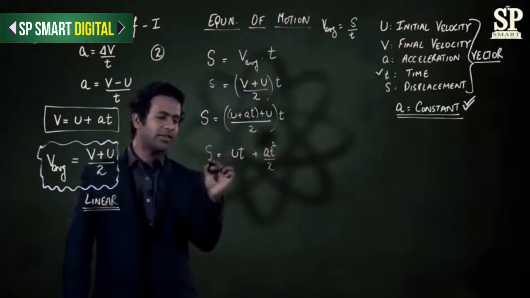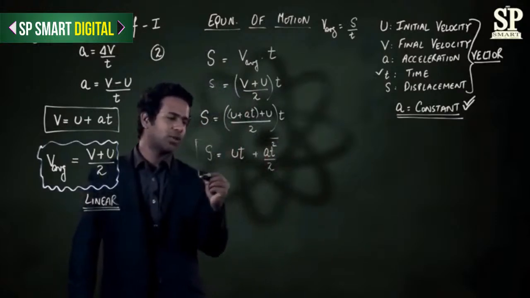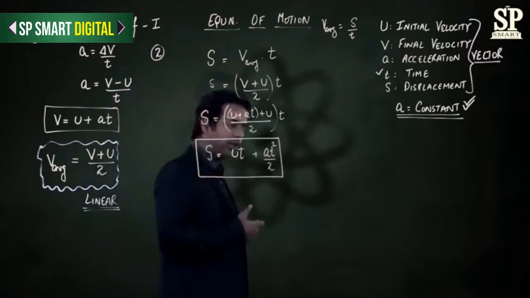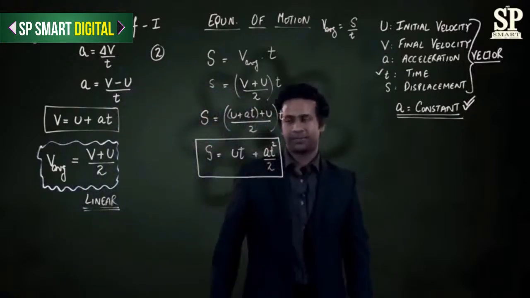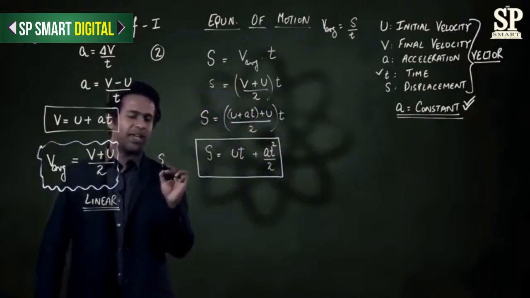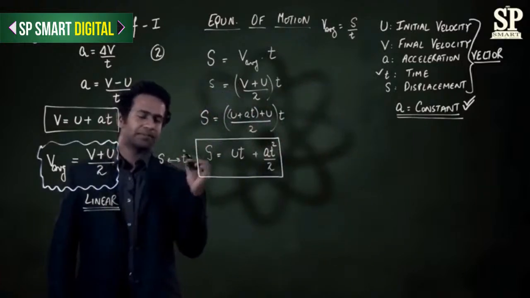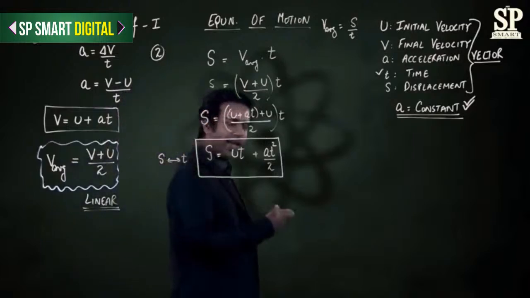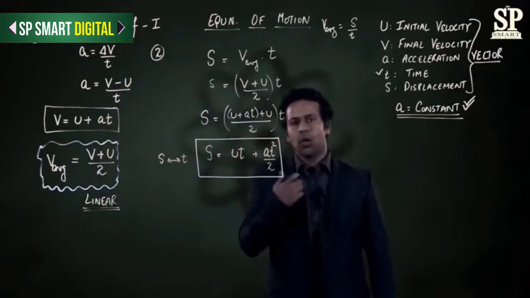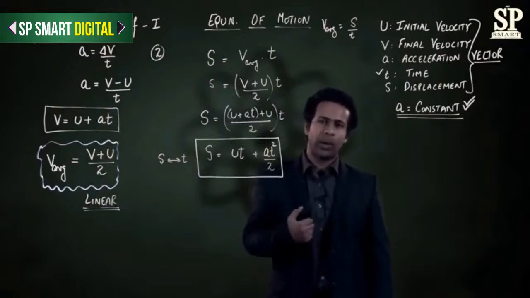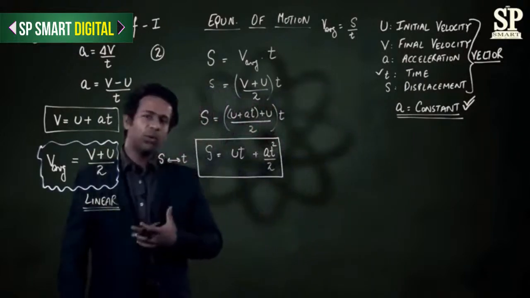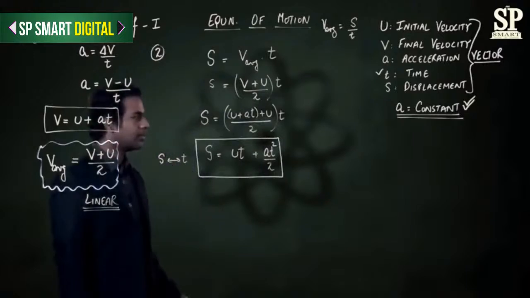So this gives us the second equation of motion, that is, s is equal to ut plus half at square. The second equation relates displacement with time, through u and a. This equation is used whenever you want to find displacement and you know the time. We will understand these better when we do a few illustrations.